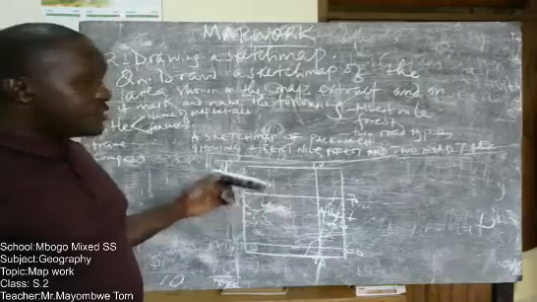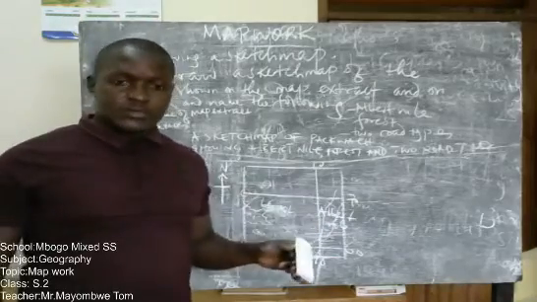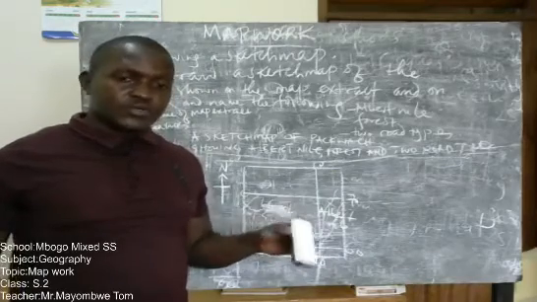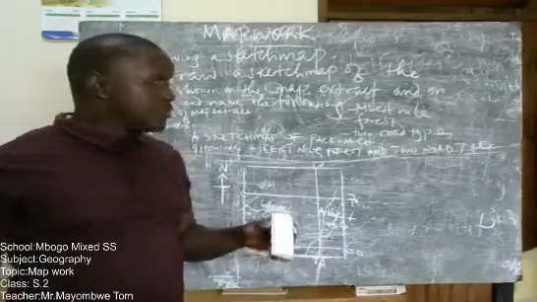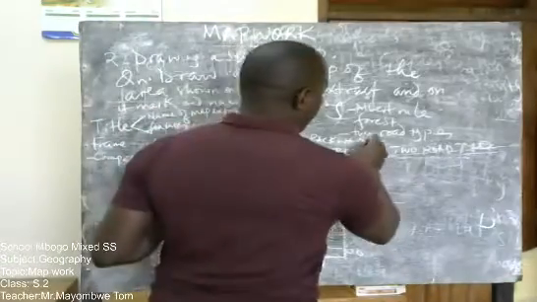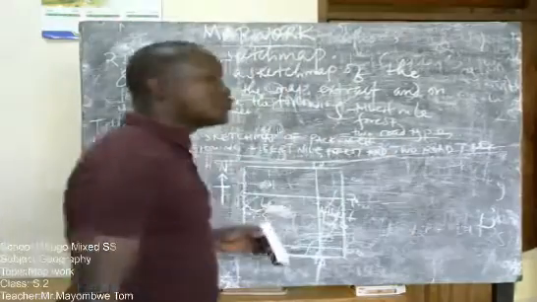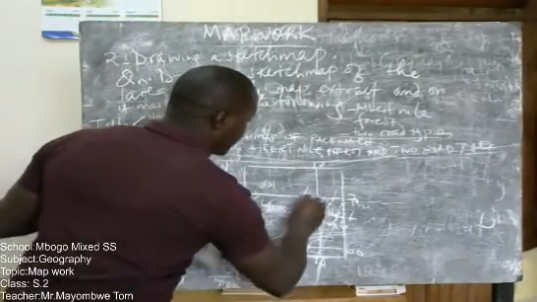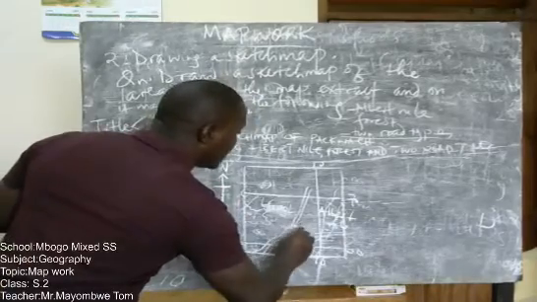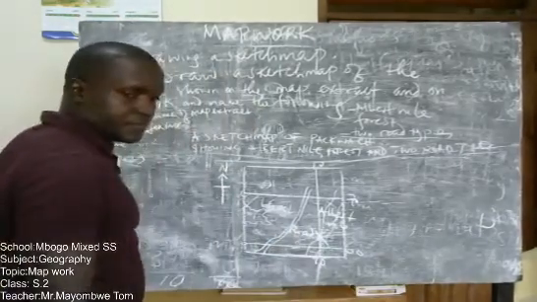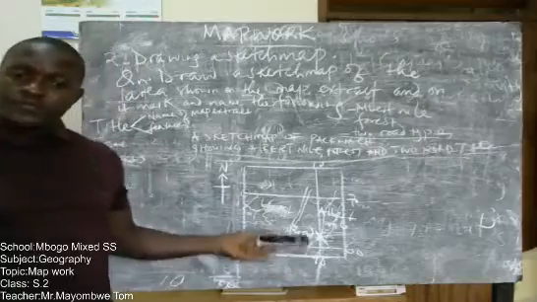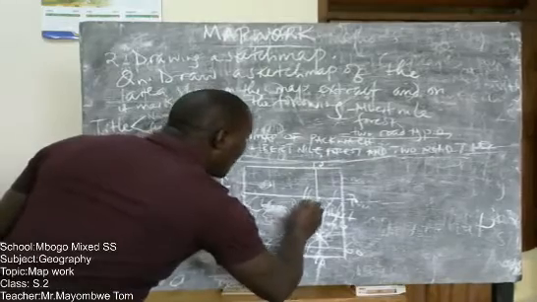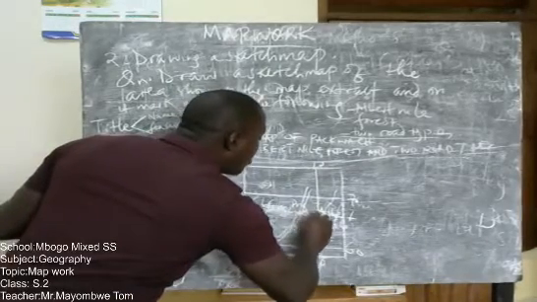When it comes to naming the features, you must write the specific names of the features, because like here where they say 2 road types, don't simply draw like this and then you write here road. You get 0. Tell us the name of this road. How do they call it? You come and write here dry weather road.